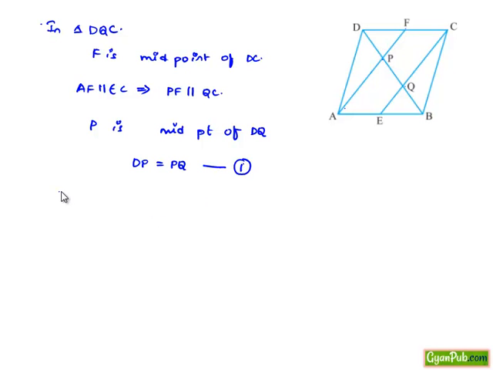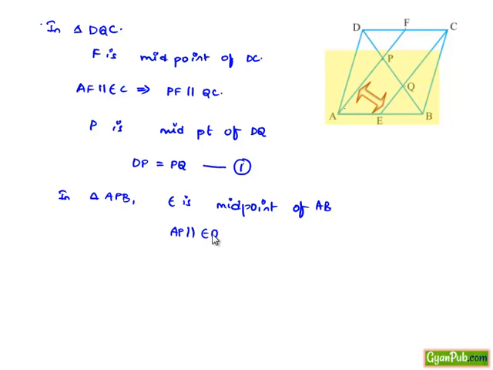Now let us consider the another triangle. In triangle APB, E is midpoint of AB and as AFCE is a parallelogram, we can say AF is parallel to EC, which further implies that part of AF, that is AP, is parallel to part of EC, that is EQ.